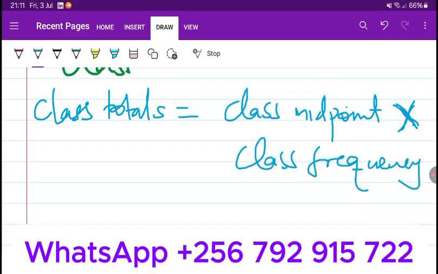That's how we will be able to get the class totals. Now once we get the class totals, what we take to the graph will be the cumulative percentage. So we get the class totals, we compute the percentage class totals, and then we compute the cumulative percentage class totals. So it's a very lengthy computation that we are going to go through.